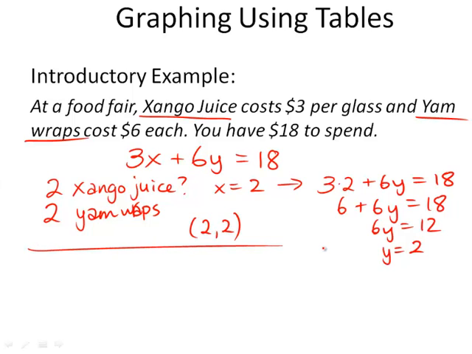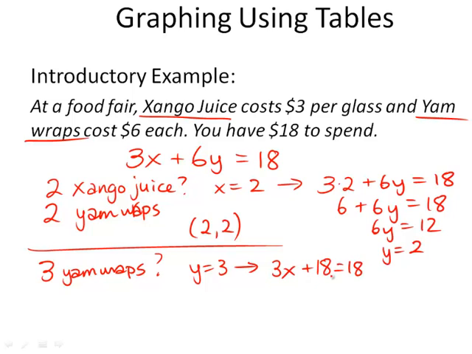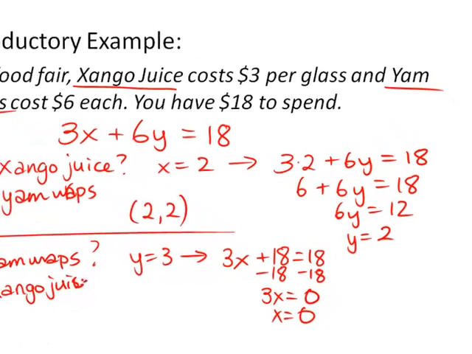What else? Well, we can see that 18 can be made by 3 times 6, so what if you had 3 yam wraps? So then you'd have y equals 3. So let's replace the y with 3. That would leave us with no money. So we have no more money to spend on Zango juice, and therefore we can buy 0 Zango juice and 3 wraps.